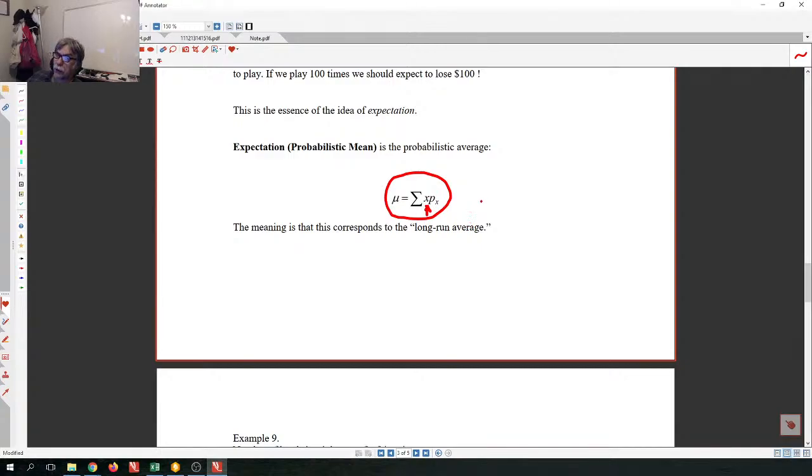So if you have 2, like I have in this previous case, you multiply every single x with its probability mass. So you're weighting that x with the probability mass, maybe 10%, maybe 90%, whatever it is. And then once you're done with all of that, you add it all up. And that is going to be the probabilistic expectation.